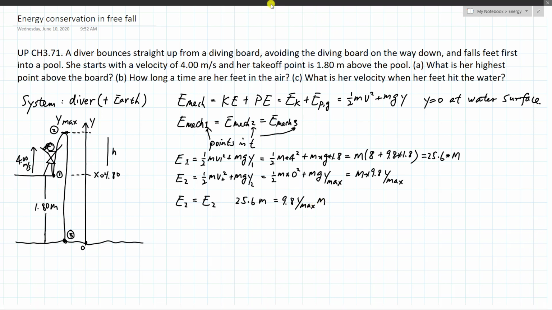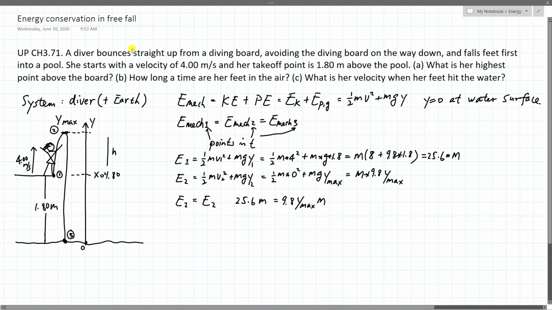So now we can divide out the mass, and we get y max equals 25.6 divided by 9.8. So this is close to 2.5.